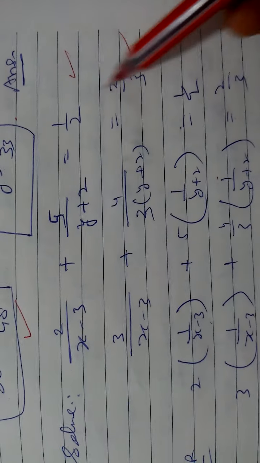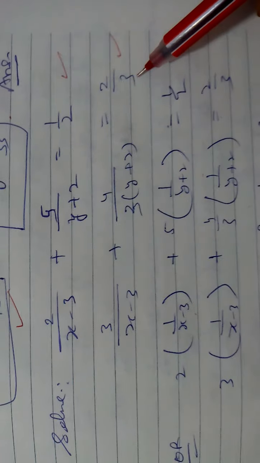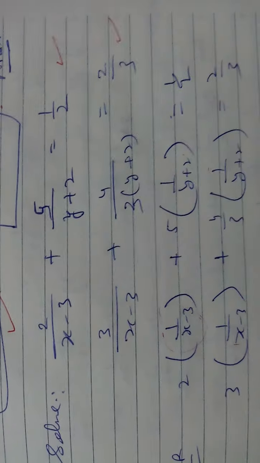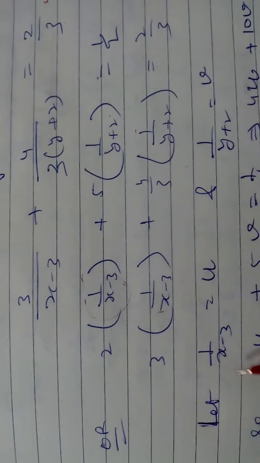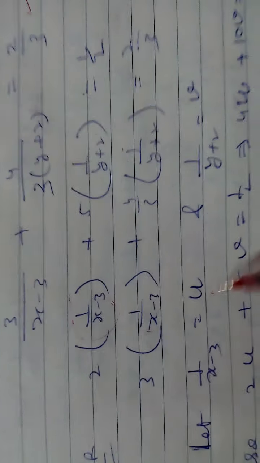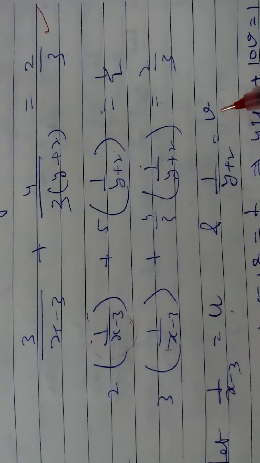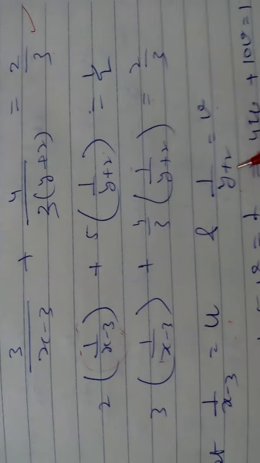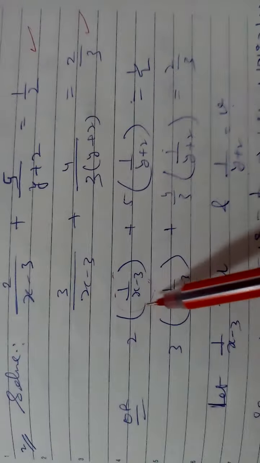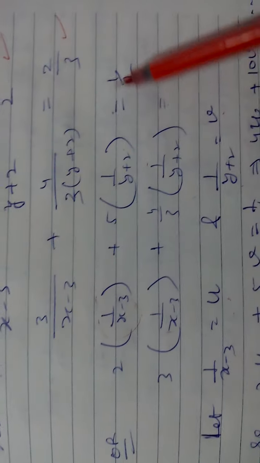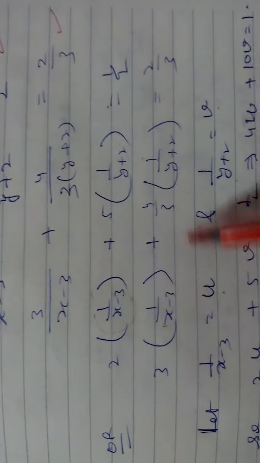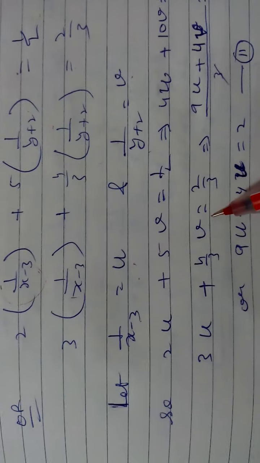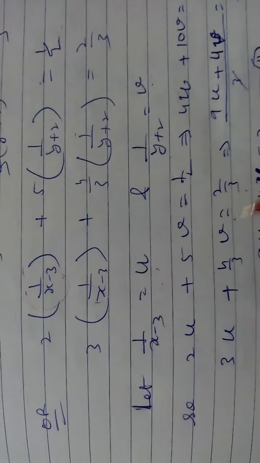Like this you change these two equations and then, because both places have the same value, you can assume that 1/(x−3) is u and 1/(y+2) is v. You can assume p, q or m, n, any alphabet you can use. So now it is changed: 2u plus 5v is equal to 1/2, 3u plus (4/3)v is equal to 2/3.